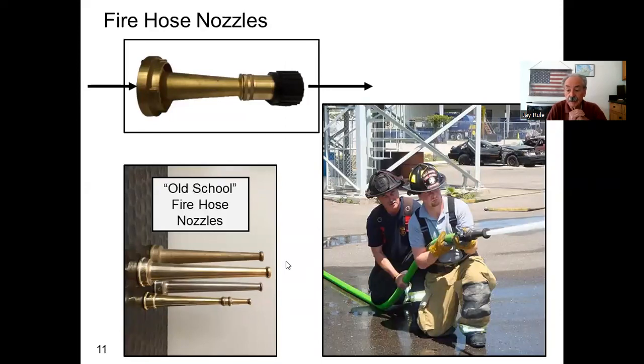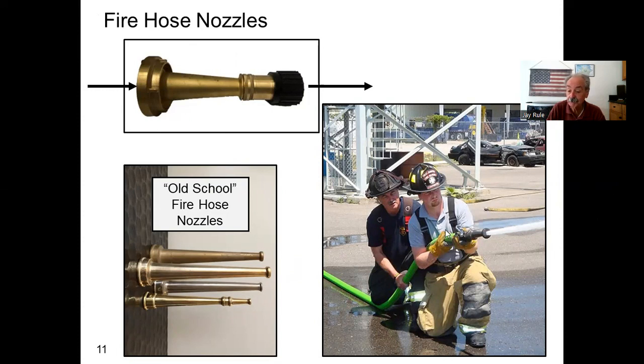Classic example of a nozzle is fire hose nozzles. Here's a modern fire hose nozzle that these guys are holding. Notice here, because of the large flow rate going through this nozzle into and out of the nozzle, you will learn in fluid mechanics class that it takes a lot of force to hold that nozzle still.